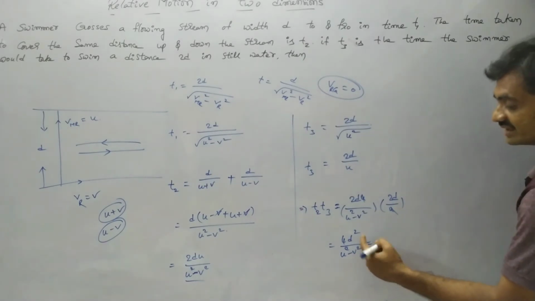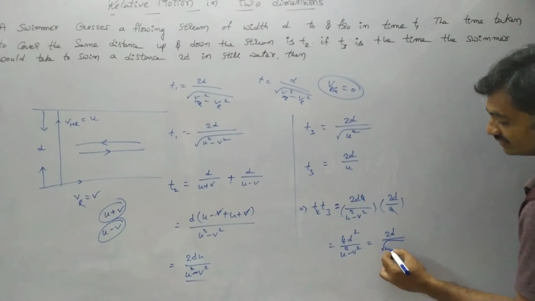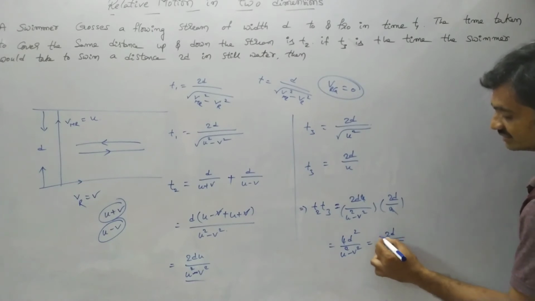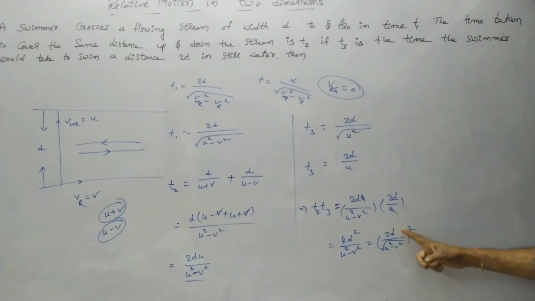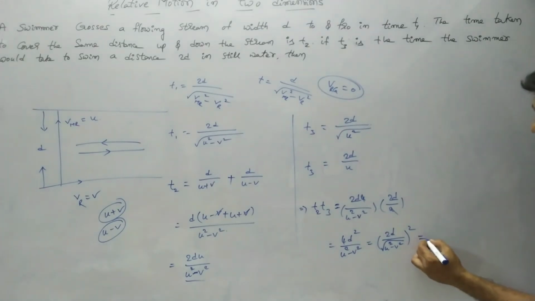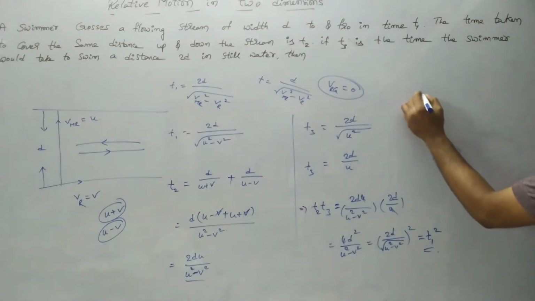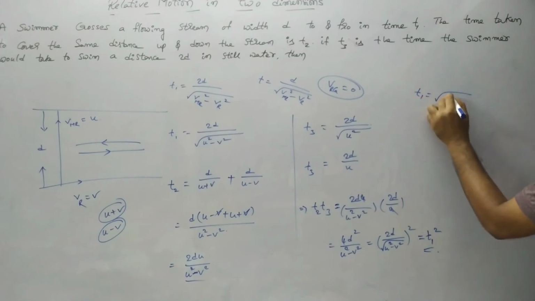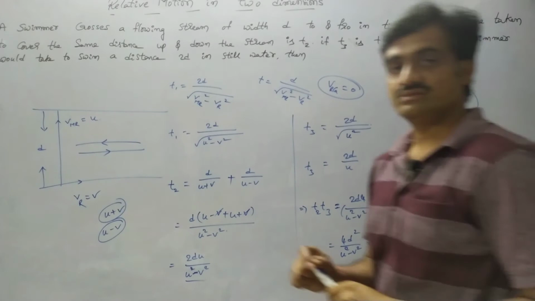Observe that this is in the form of 2d by under root of u square minus v square, whole square, which equals T1 square. So T1 square equals T2 into T3, or we can represent it as T1 equals under root of T2 into T3. Take a screenshot, we will continue.